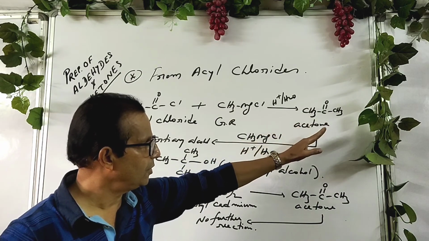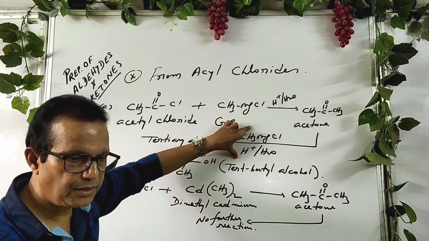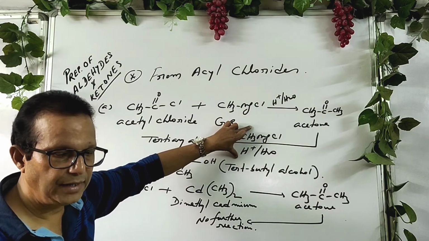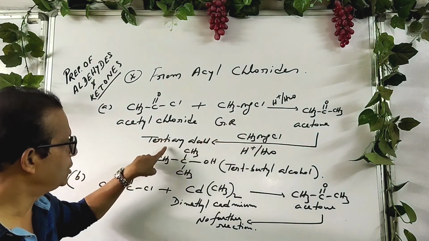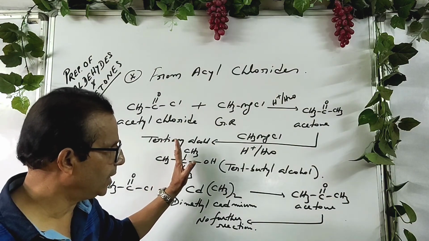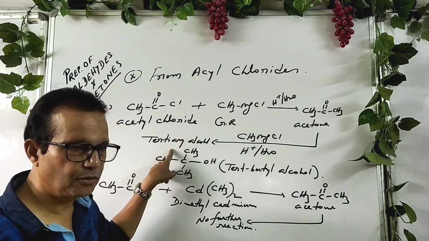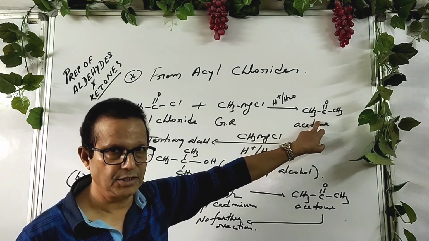That acetone further reacts with Grignard reagent under the reacting condition, and finally we get tertiary alcohol, that is tertiary butyl alcohol. But our target is not to get alcohol. Our target is to get ketone, that is acetone.